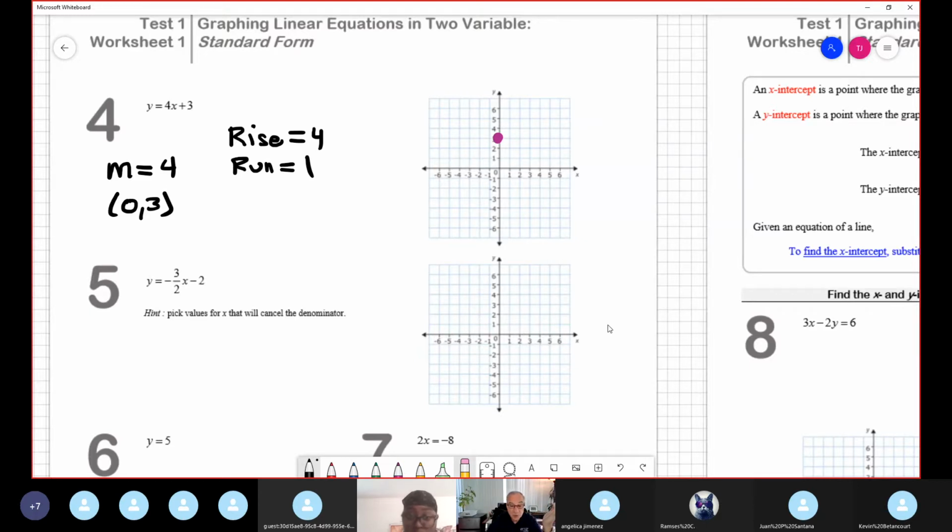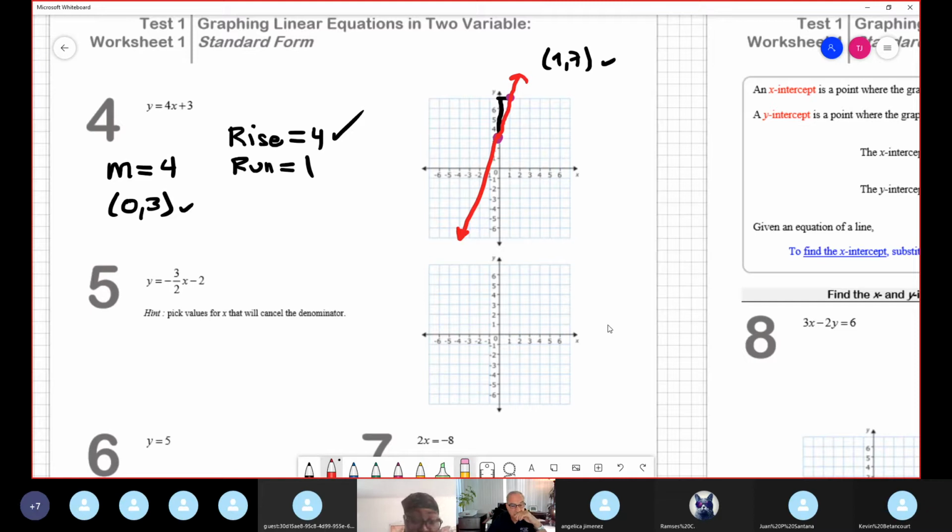Then we move in that direction. This is 7, and this is the run of 1. Okay, I determine another point. This point is (1,7). And we have (0,3), two points. The rest is easy. Do the line and end the story. Okay, let me do it without a ruler, using our imagination. Done.